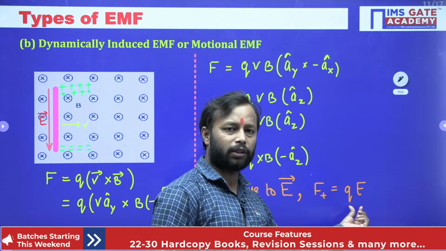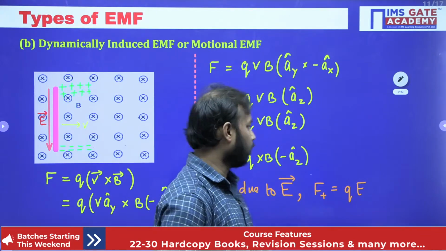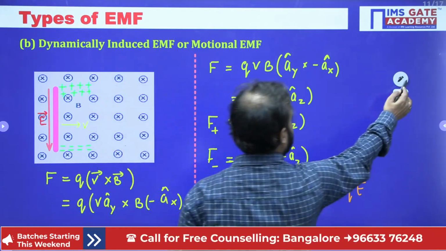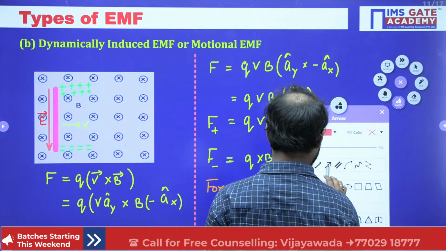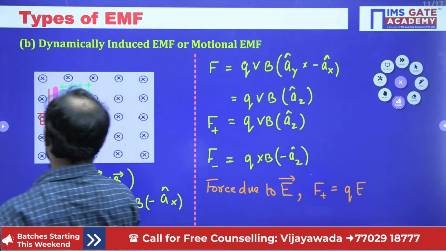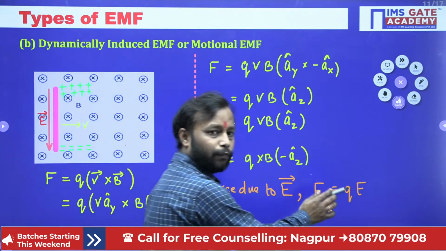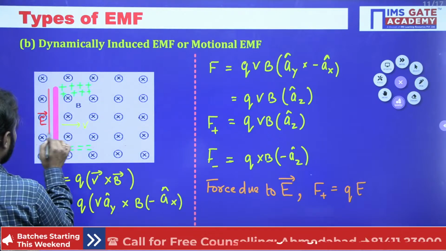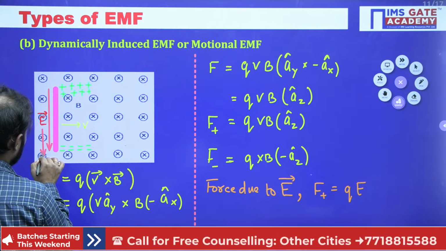Since Q is positive, F will be in the same direction as that of E. So here the force due to the electric field for the positive charge will be in the same direction as the electric field. So it will be like this.